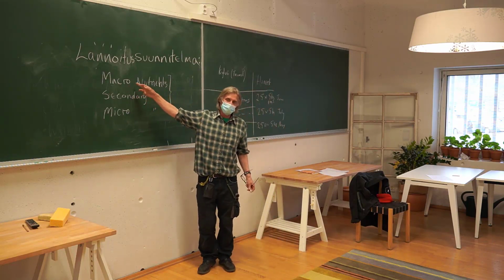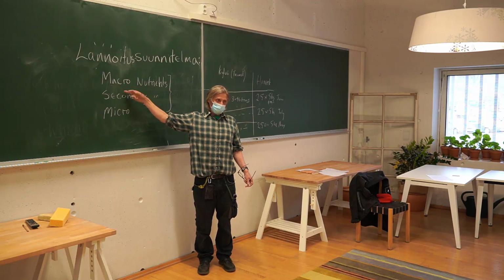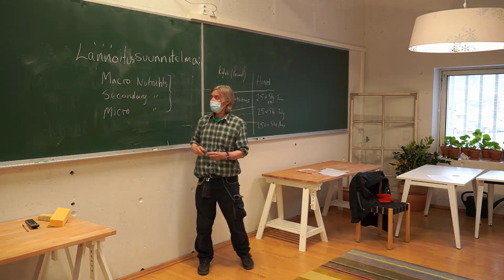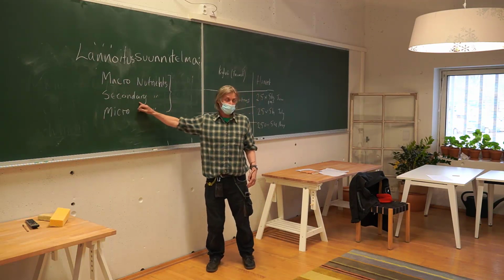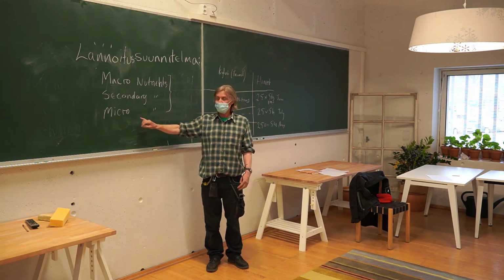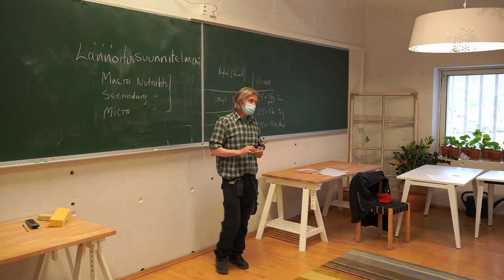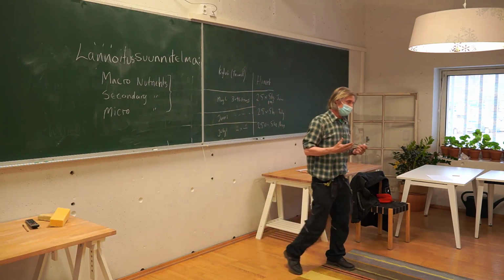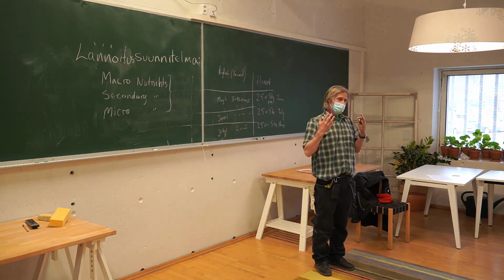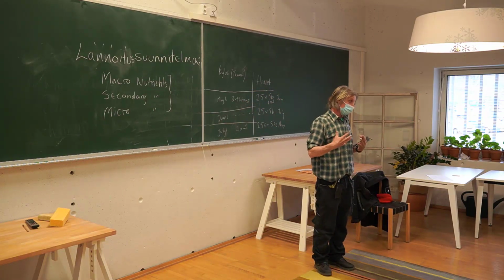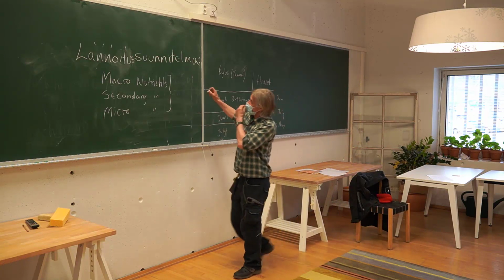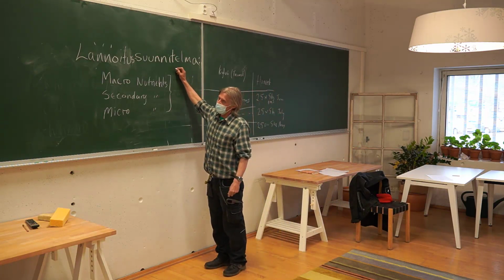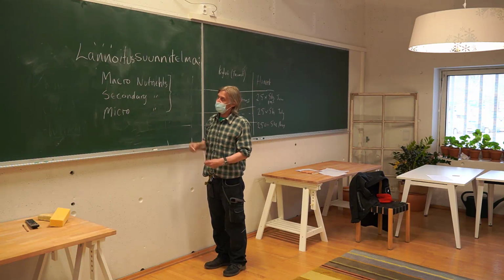We call them, in horticulture and agriculture, macronutrients, secondary nutrients, and micronutrients. And these nutrients are what we need for plants to grow. Above that is what does everything need?